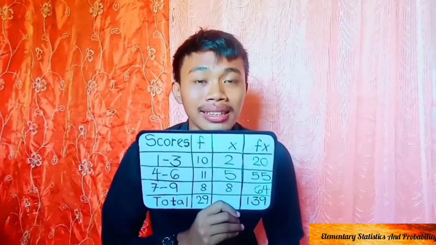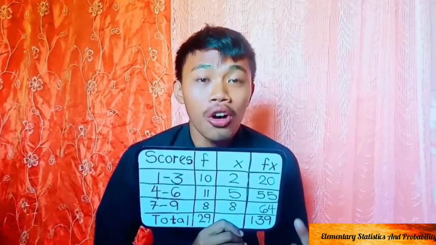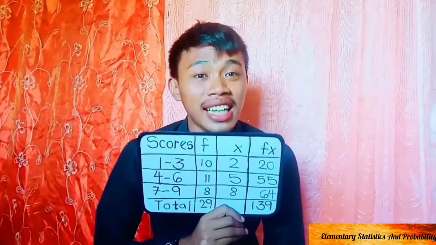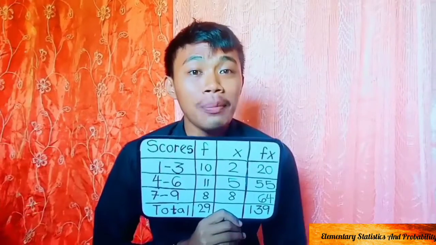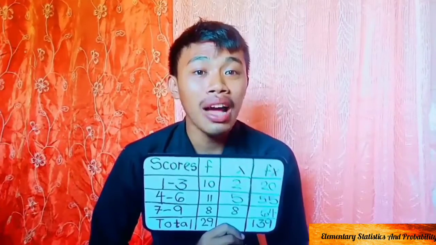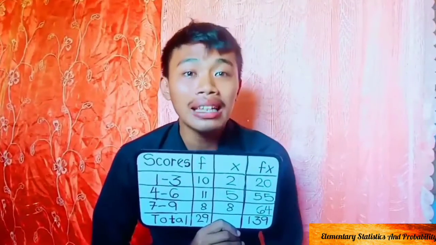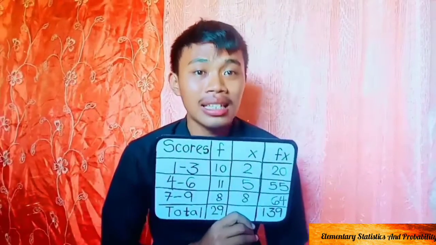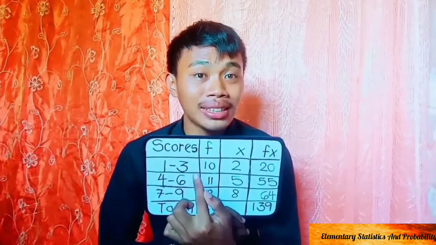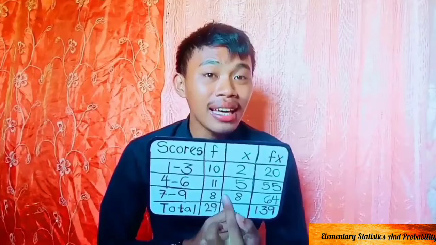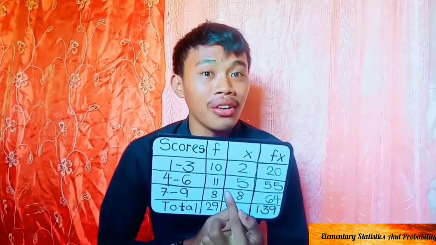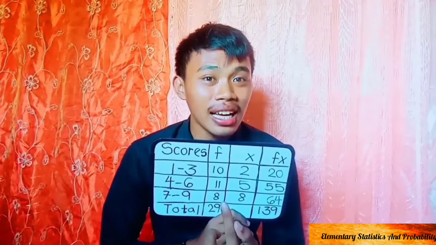So next, f of x. Digi naman sa f of x, i-multiply ta lang ang aton nga frequency sa aton value sang x. So 10, our frequency, multiply by 2, which is the value of our first nga value sang x.